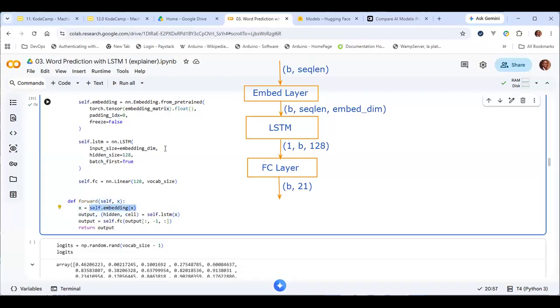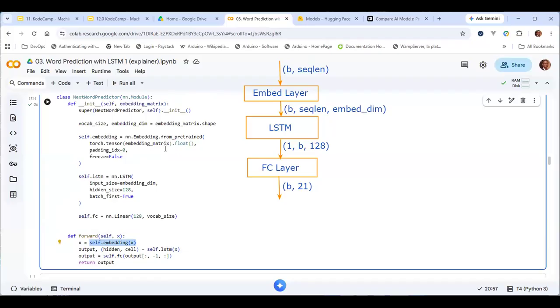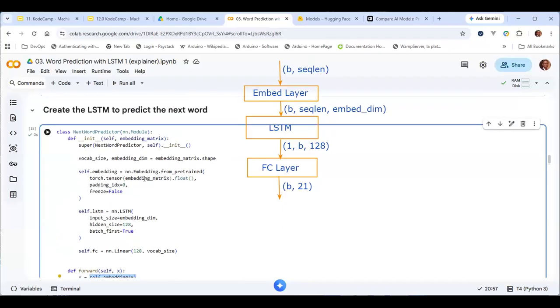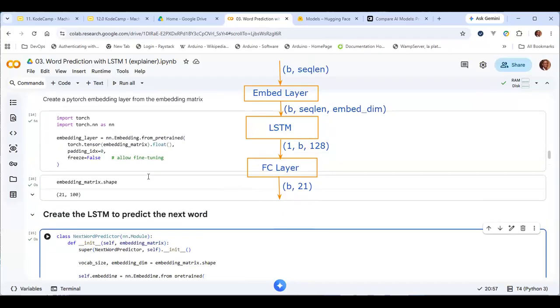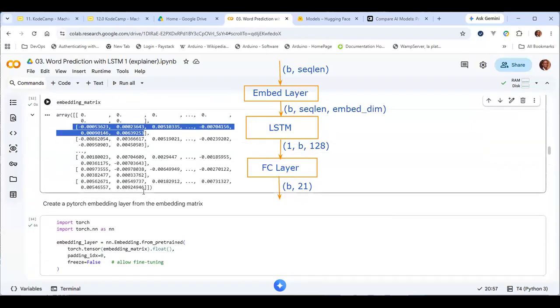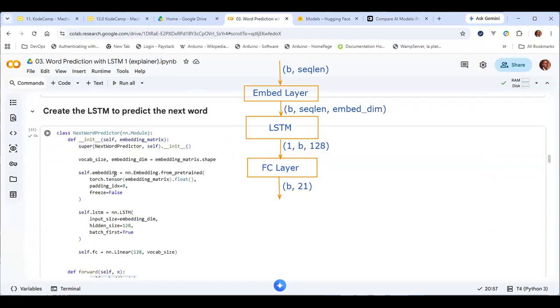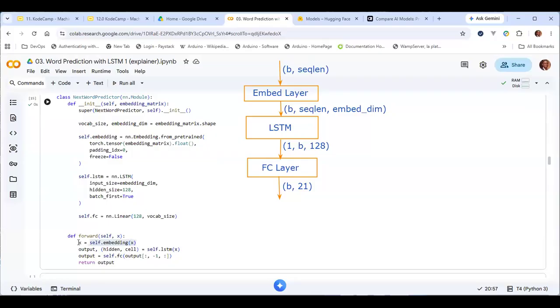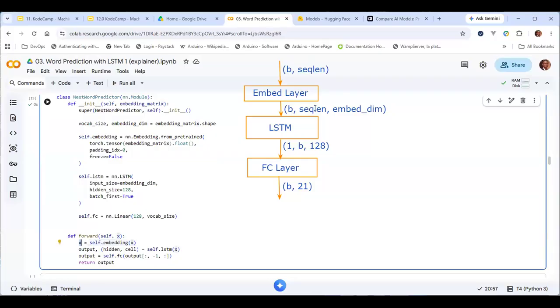The embedding knows how to interpret it, because remember the embedding has a lookup table, the embedding matrix, that contains the position versus the actual vector embedding. So the X that you get out from the embedding layer is going to be the vector embedding, B, sequence length, embed.